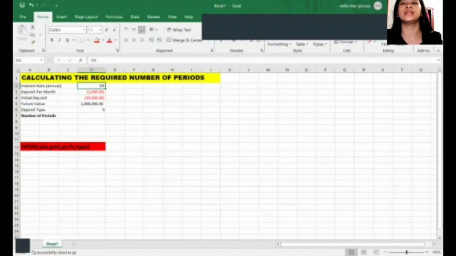So para mas maintindihan natin is magbibigay ako ng example. Let's say an individual wants to accumulate 1 million for retirement. She has an initial investment of 50,000.